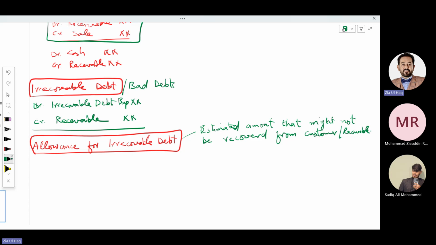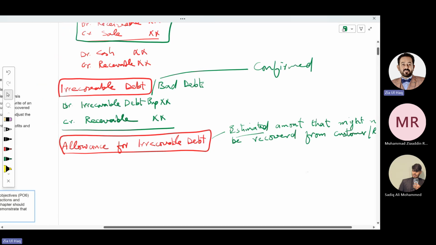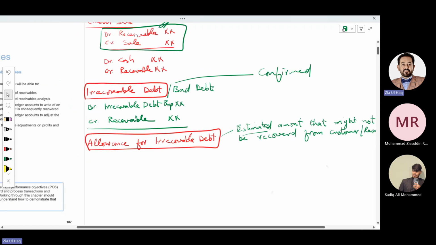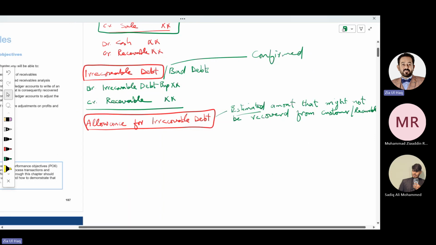This irrecoverable debt is confirmed. This is not confirmed. This is estimated, might not be recovered. If we have any estimated amount that might not be recovered, that will be called allowance for irrecoverable debt. And we need to record this allowance.